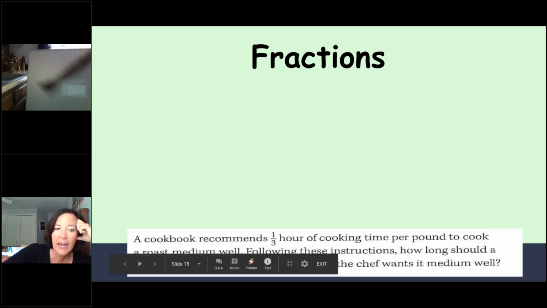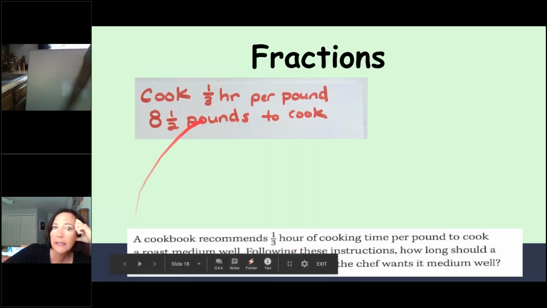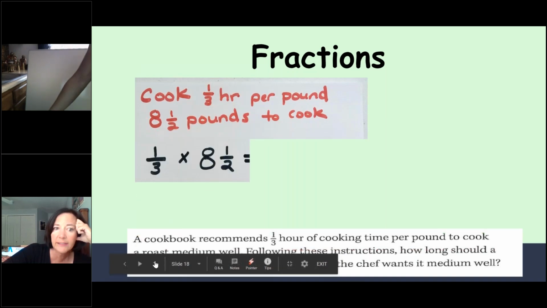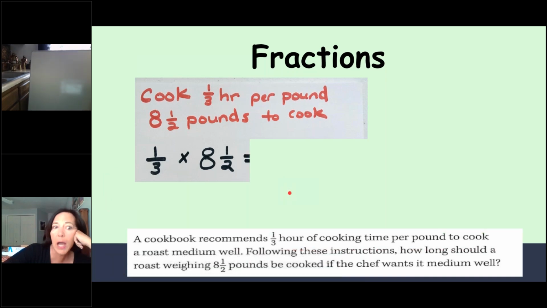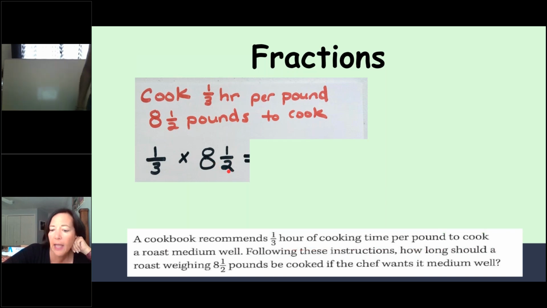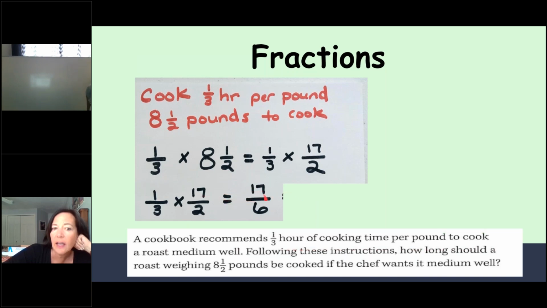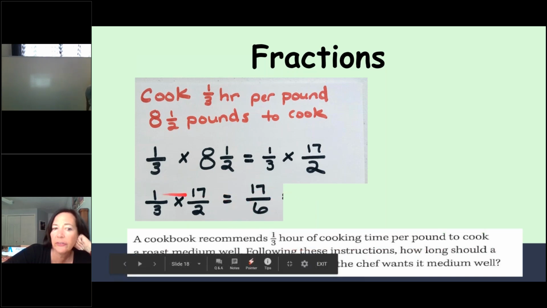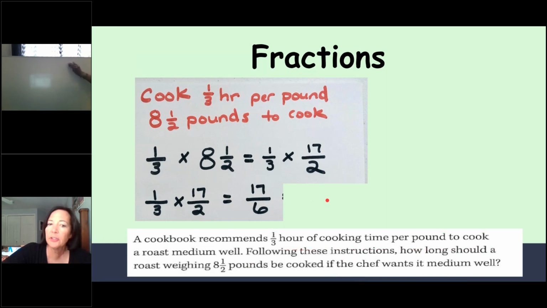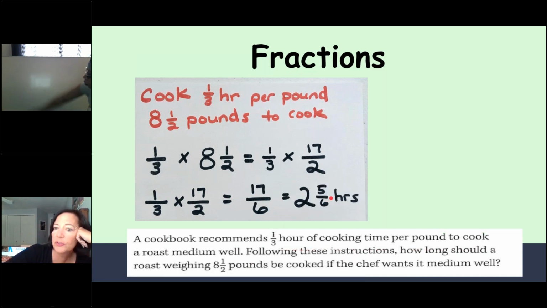Once I figured out that I needed to multiply, this is how I solved it. I knew I was going to have to do 1/3 times 8.5. I rewrote 8.5 as 17/2, multiplied across and got 17/6. Then I turned that into a mixed number, which was 2 and 5/6.